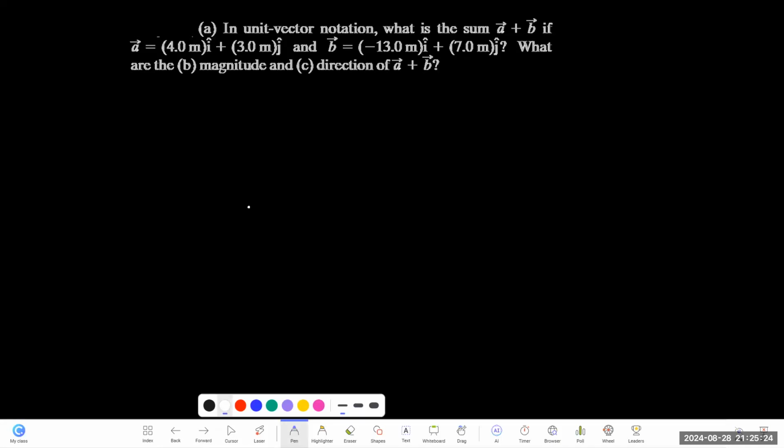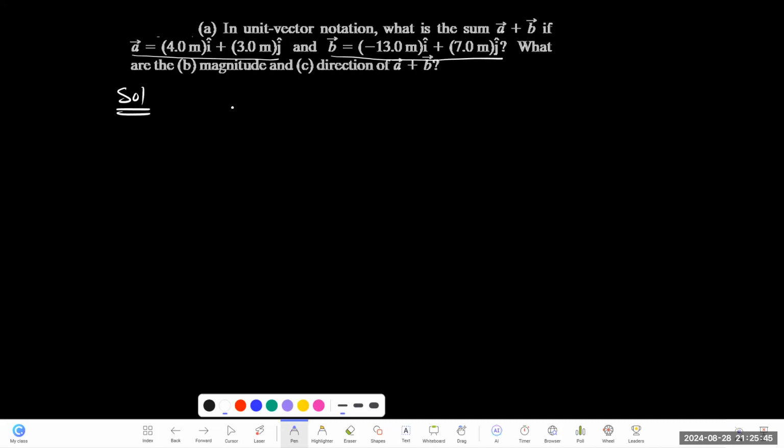In this problem, it is a little bit more detailed. In unit vector notation, what is the sum of A plus B if A equals this and B equals this? And what is the magnitude of A plus B?